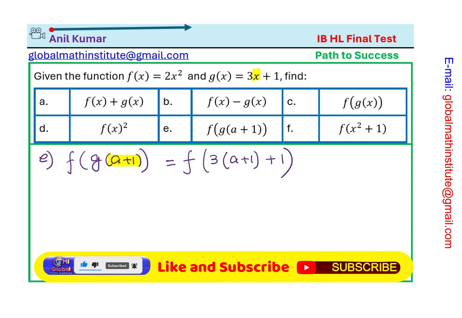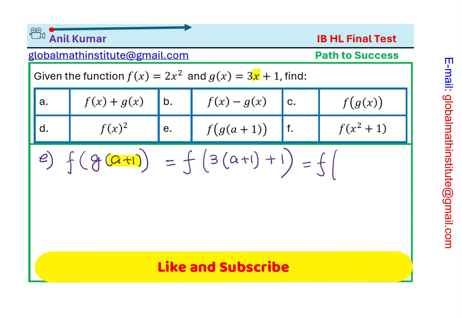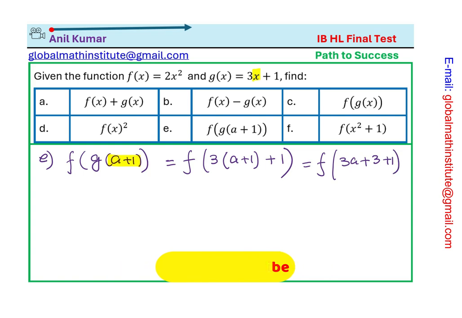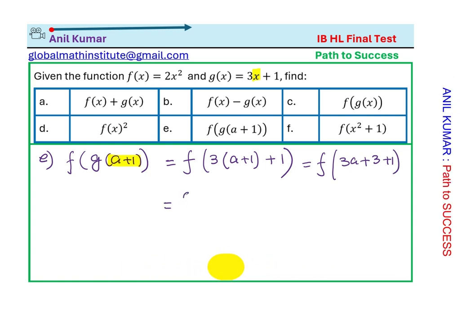Is that clear to you? Open and simplify. So we get f of 3a plus 3 plus 1. Right. So that gives you f of 3a plus 4.